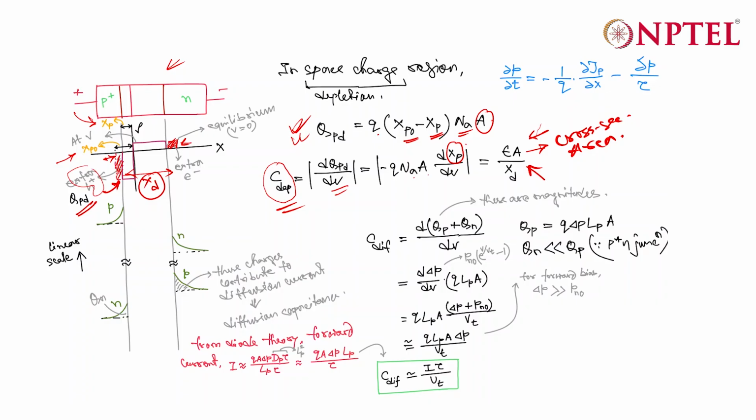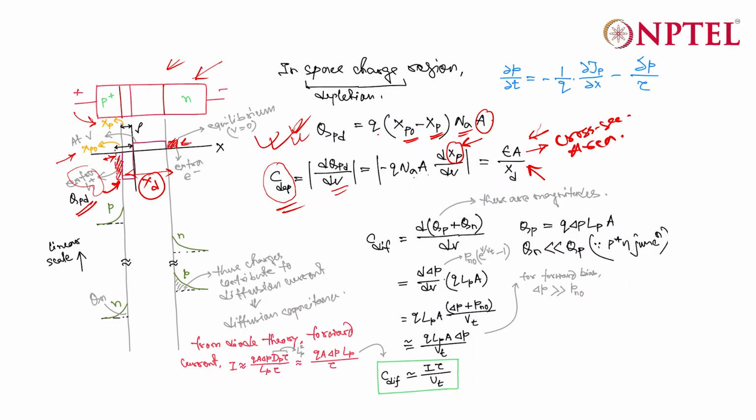Even if you do the analysis after putting the expression of xp in this equation, you will find a similar equation. You can do it at home, but in a much simpler way you can figure out the depletion capacitance, which is epsilon A by xd. Now, these are due to space charges, that is, in the space charge region or depletion region. Now let us see the quasi-neutral region.